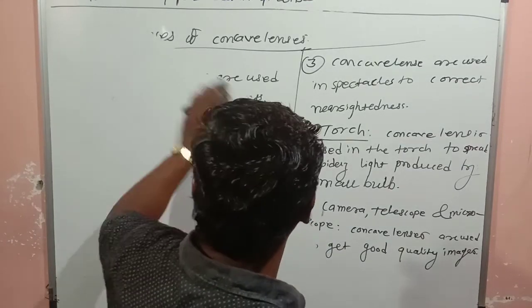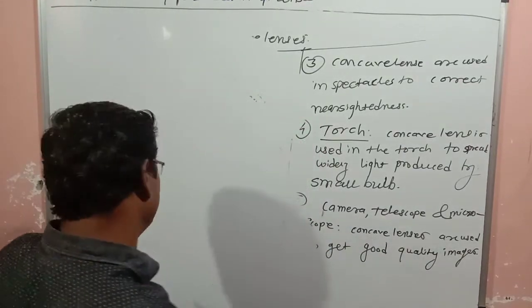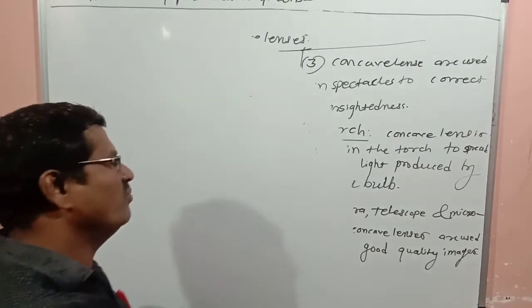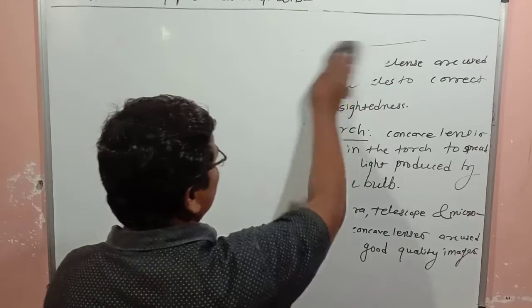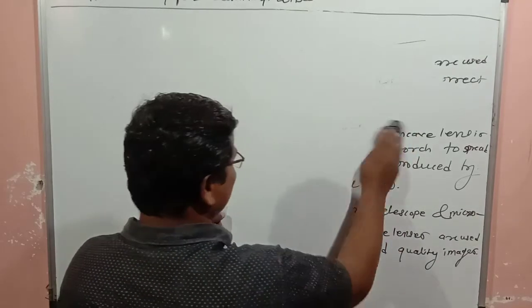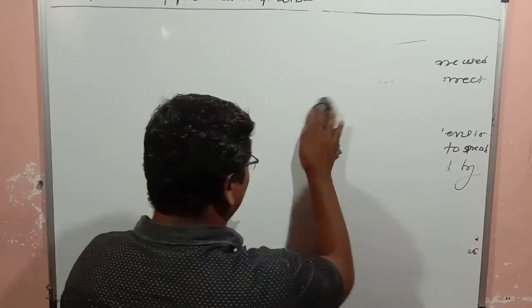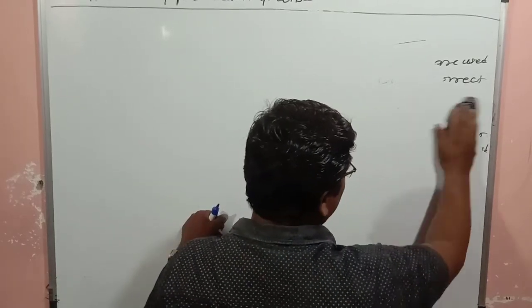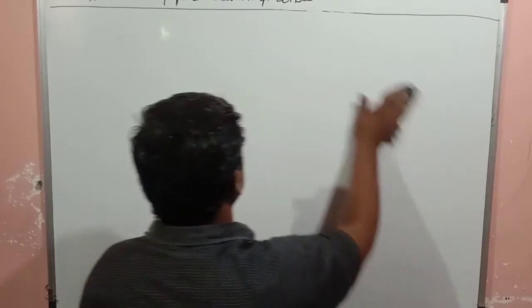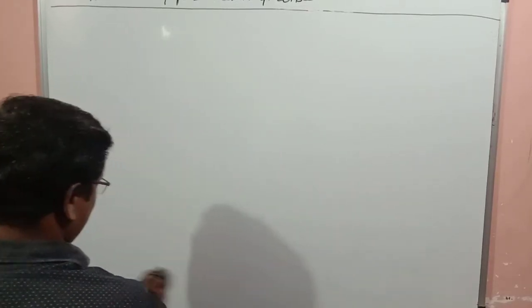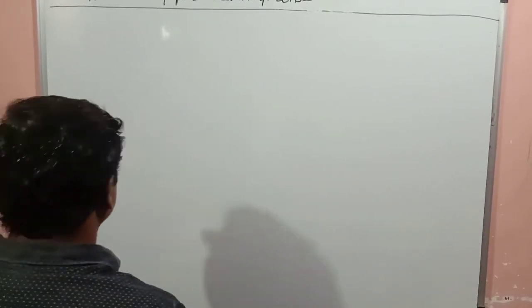In the simple microscope, convex lenses are used. In the compound microscope, convex lenses are used. In the telescope also convex lenses are used. In the correction of eye defects also convex lenses are used. So many applications are there, and one by one we will study.